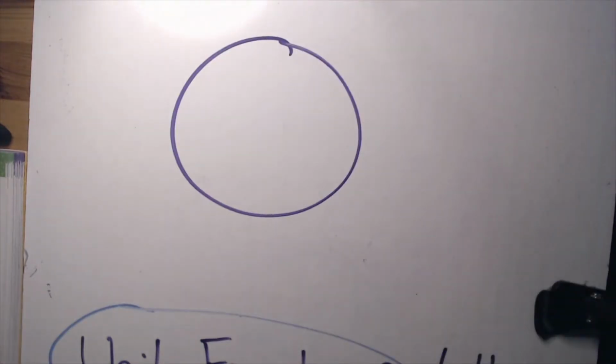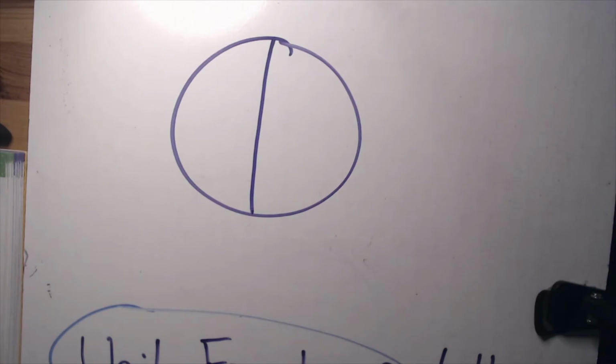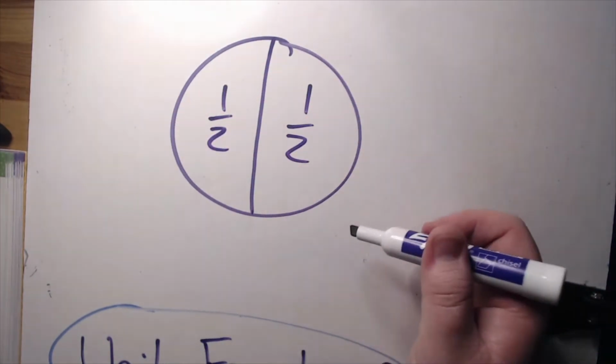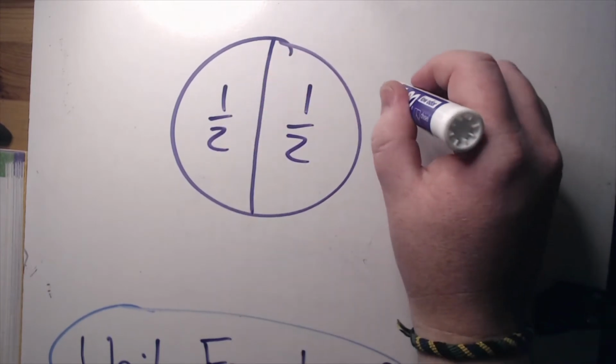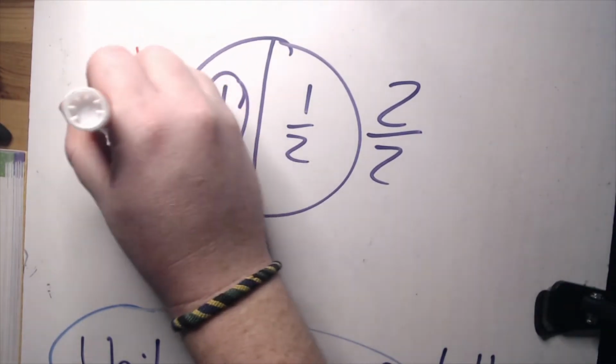If I were to take a piece of pie and cut it right down the middle like this, this would be 1/2, and this would be 1/2. So overall, the whole is 2/2. However, my unit fraction is what one piece represents. So if I asked you what the unit fraction for this would be, it would be 1/2.